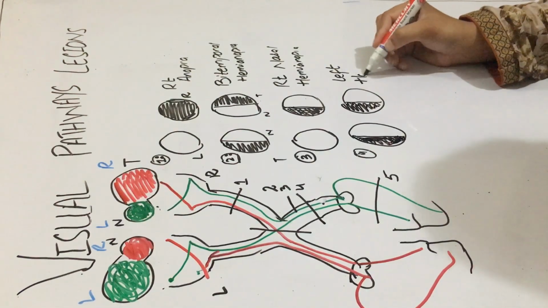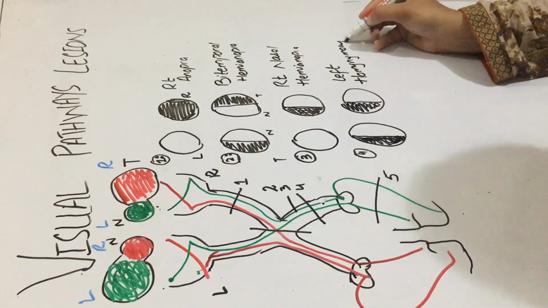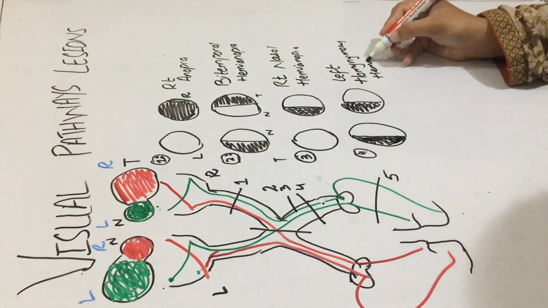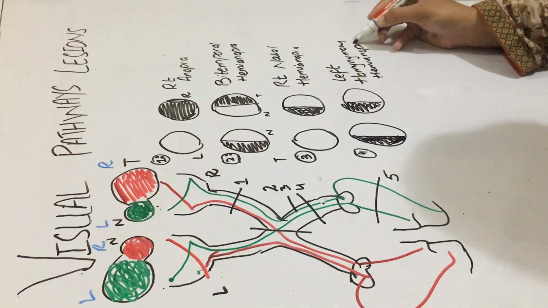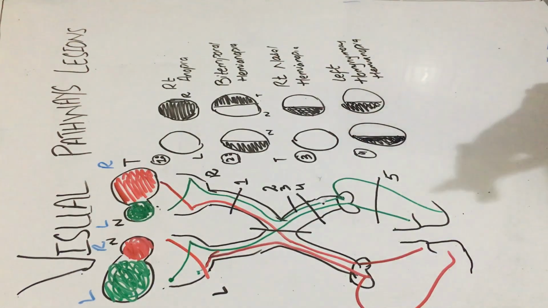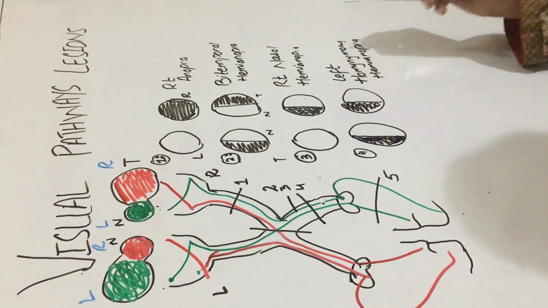So left homonymous hemianopia. And why is it called homonymous? Because in both eyes, the left visual field is affected. It is not that the right visual field of one eye and the left visual field of the other eye are affected. The left visual field of both eyes is affected. That's why it is called homonymous.